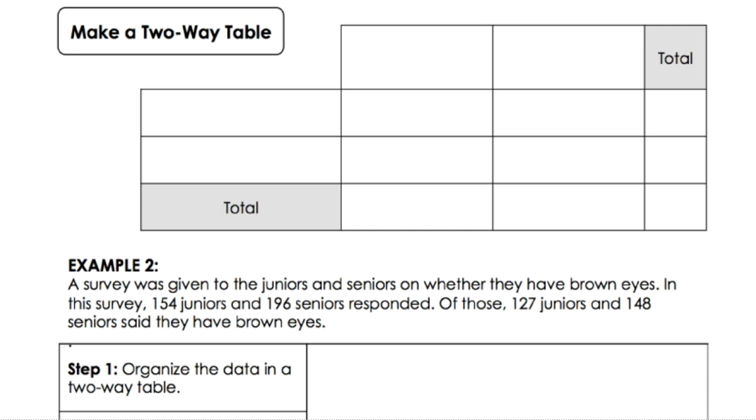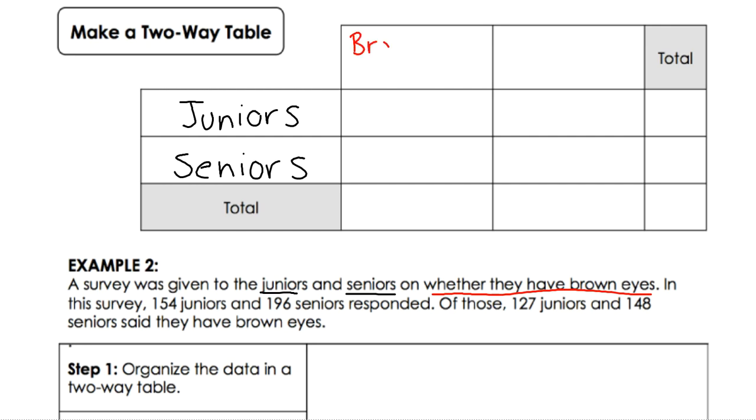So I can tell right away that juniors and seniors is one of the categories that I separated my data into. So some students were juniors, some students were seniors. So that's one category. And they were asked whether they have brown eyes. So that's my second category.